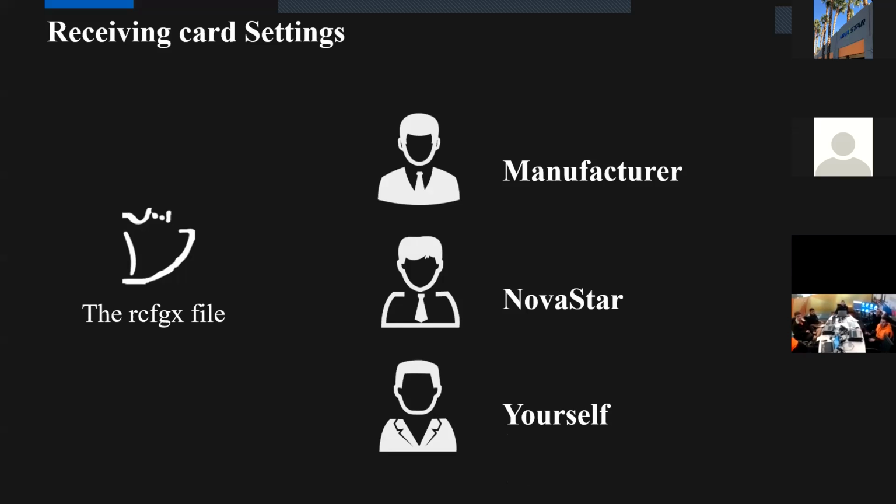Actually, for the first one, if you buy the screen from the manufacturer or the screen factory, you will get the RCFGX files. But if the screen has run for several years and things are missing, you can contact the manufacturer or contact our NovaStar engineer for the configuration, or for more details we can help.